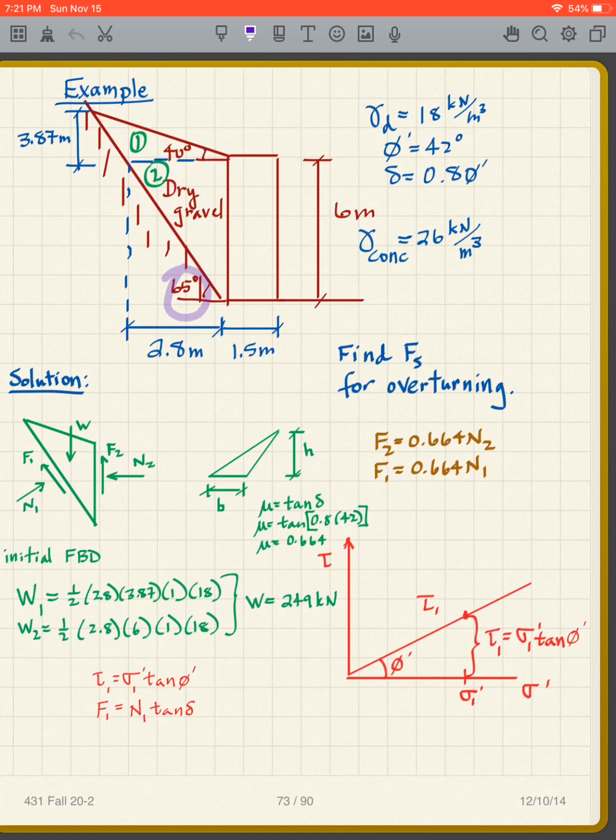So remember, my goal is, here's my wedge. I have the weight of the wedge, and then I have to have a normal and a shear. Normal and a shear.